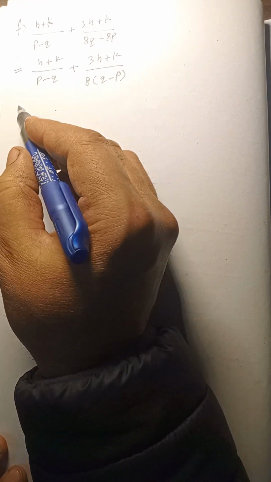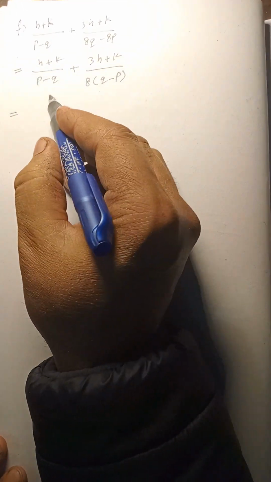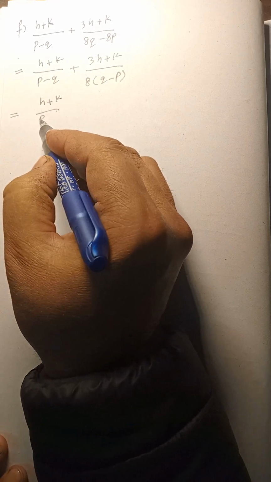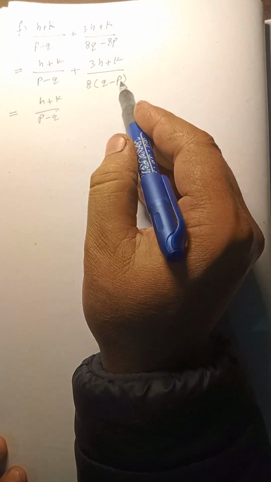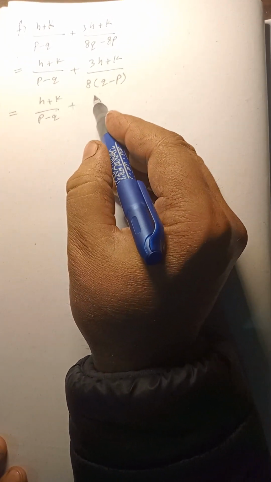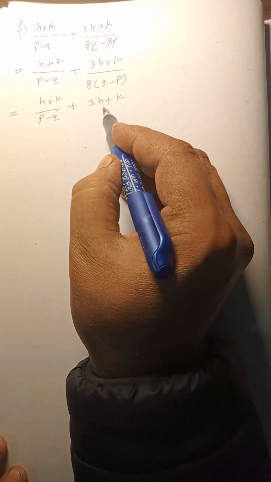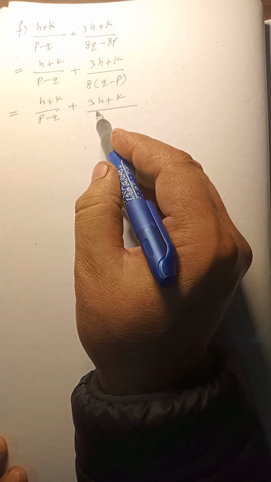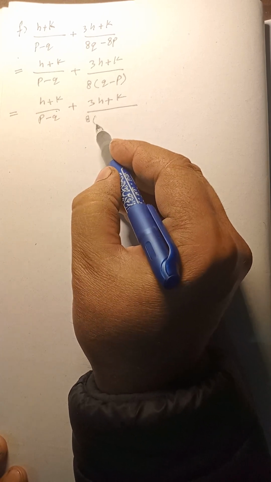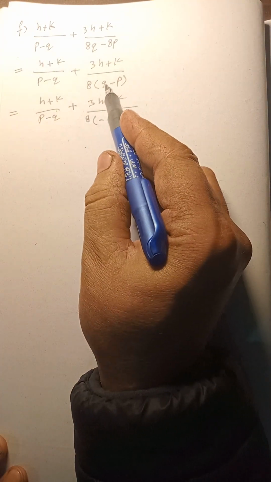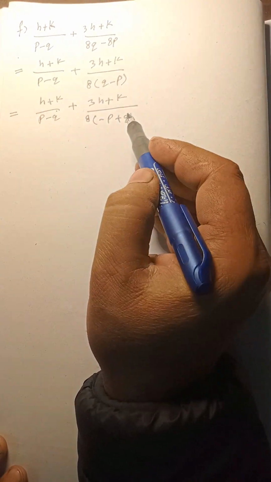When we take 8 as common, so q and p will remain inside the bracket. Now you see here h plus k over p minus q. Here is q minus p, so we need some other arrangement. I am going to change the arrangement. Minus p plus q here. This minus p is written first and this plus q is written later.